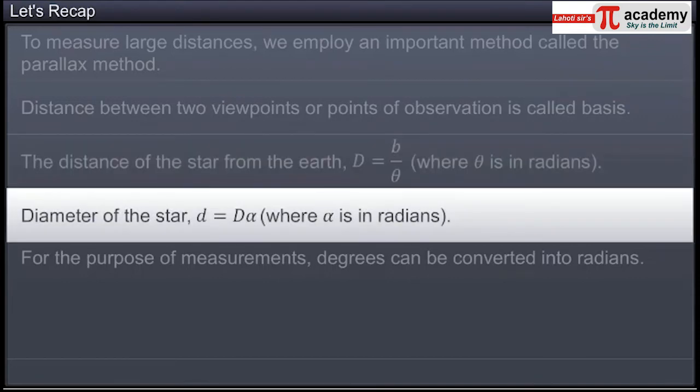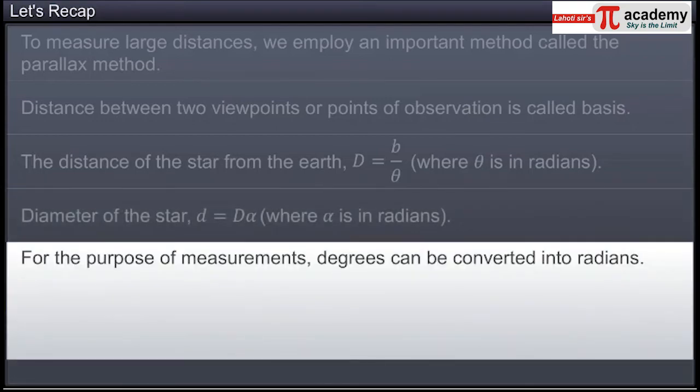If D is the diameter of the star and alpha is the angle subtended by the star's diameter at the Earth, we have alpha equal to D by d, or D is equal to d alpha, where alpha is in radians.